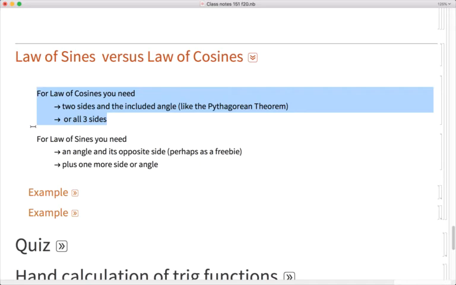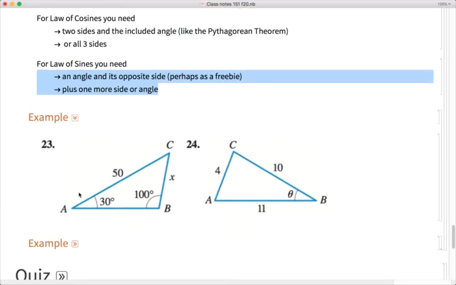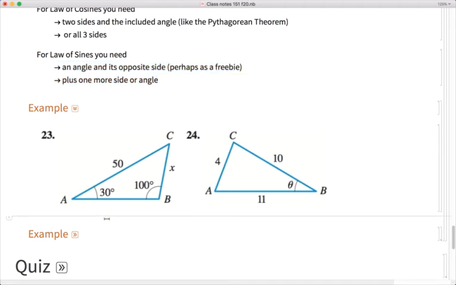Or you need all three sides. Okay, so just keep that in mind for law of cosines. And then if you don't have that, you're going to be using law of sines. Okay, so we could list what those are, but just say otherwise you use law of sines. Okay, so let's look at a couple of triangles and try to decide, are we using law of sines or law of cosines?